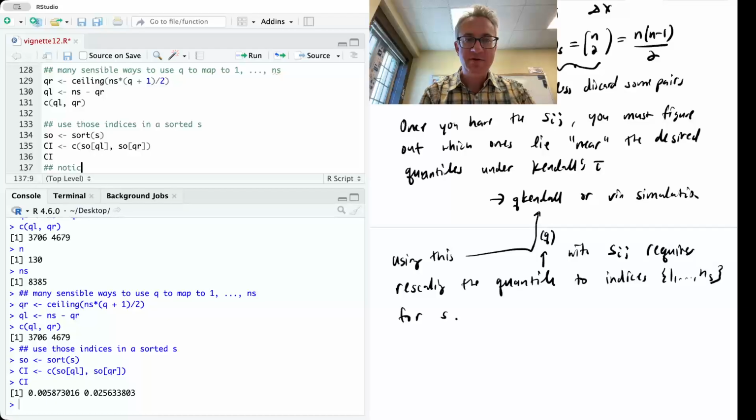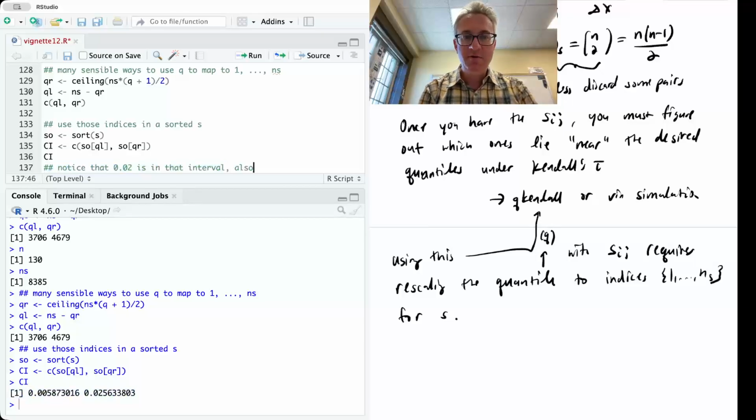And notice that 0.02, which we tested earlier, is in that interval. Remember, the confidence interval is the inverse of a hypothesis test. So we weren't able to reject 0.02 with Spearman's rho, and we're also not able to reject 0.02 by the inverse of this confidence interval from Kendall's tau.